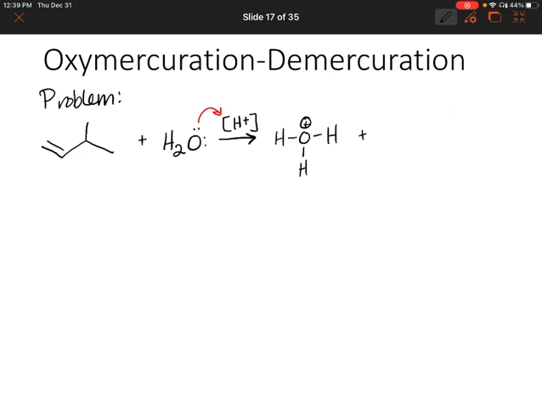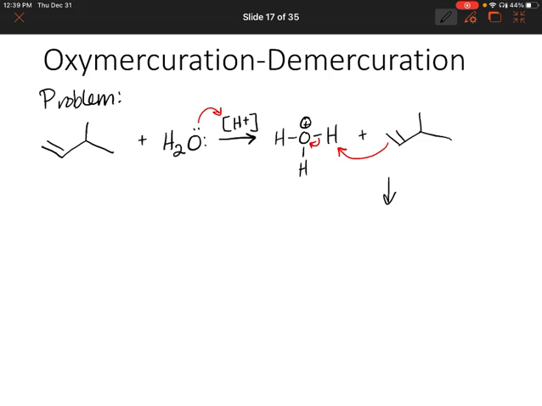And then our alkene acts as a nucleophile, and it will grab one of those hydrogens and deprotonate the hydronium ion. Then the shared electrons are left behind on oxygen.